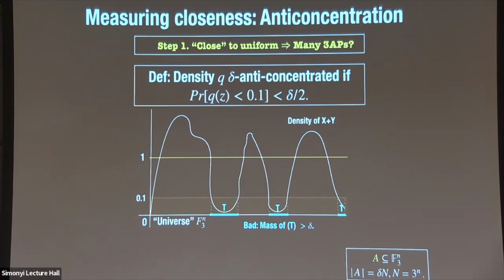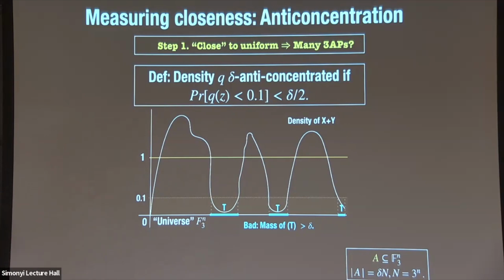I'm going to say my density Q is anti-concentrated if the probability that it takes a value less than 0.1, the same 0.1 that we're shooting for, is at most delta. It's anti-concentrated in the sense that the probability it takes too small a value is small: too small is 0.1, and the probability being small is delta.